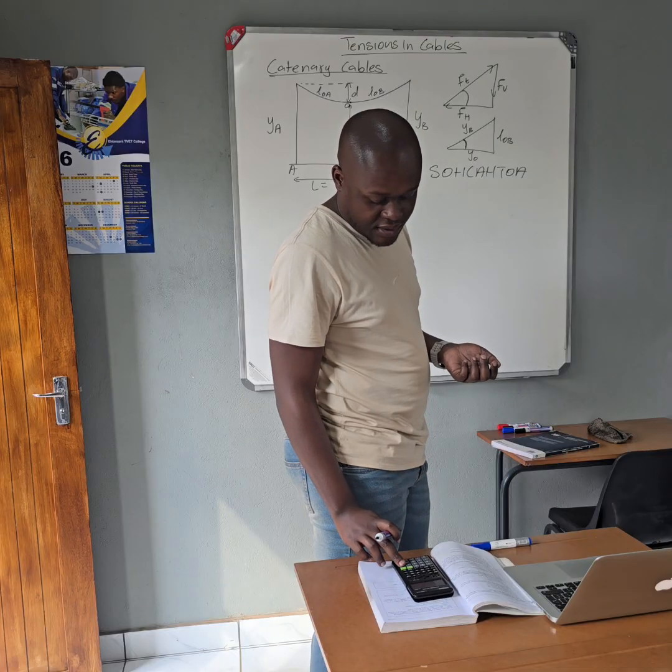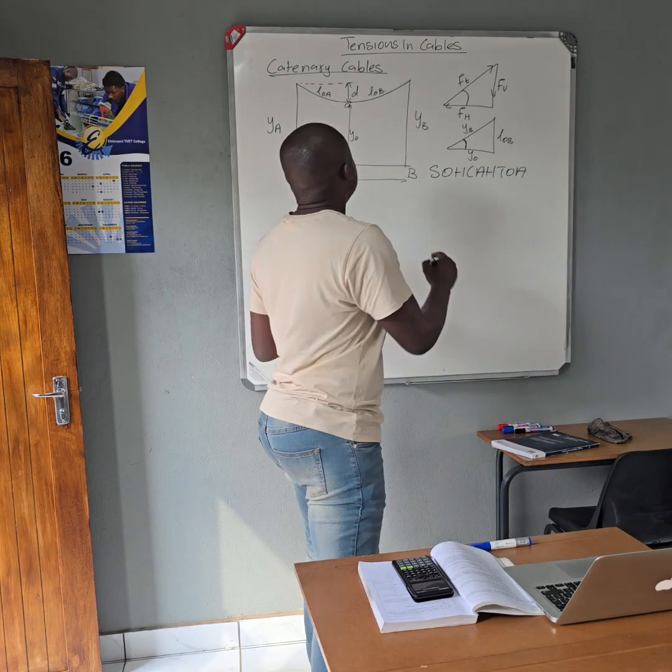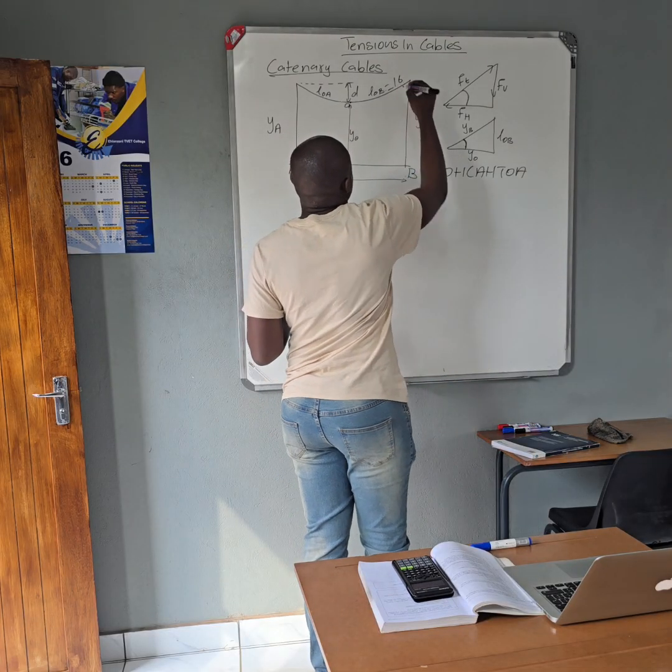So 32 divided by 2 is 16. So LOB is now going to be equals to 16.